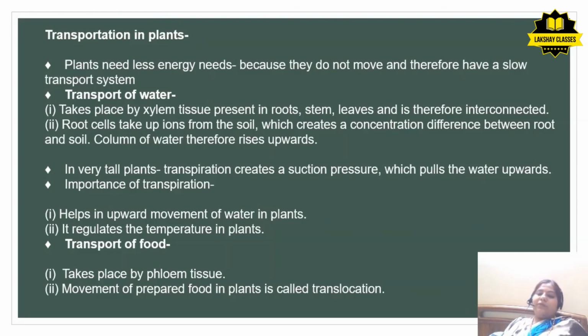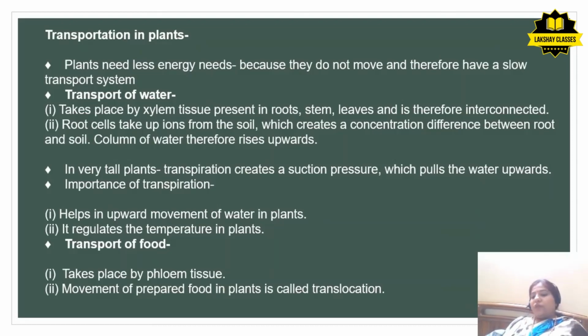If you remember, we discussed photosynthesis at the start of the chapter, and how different things are transported. Number one, plants need less energy. Why? Because they do not have to move, and therefore they have a slow transport system.